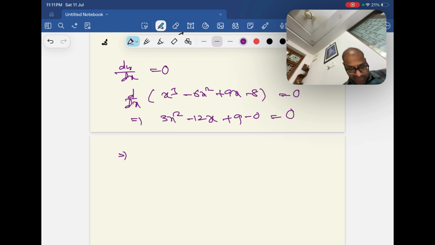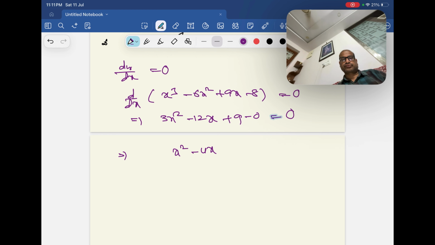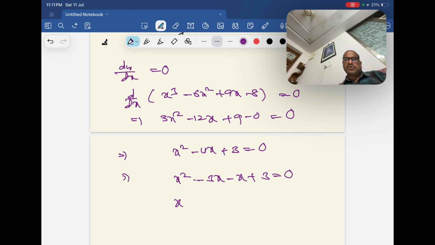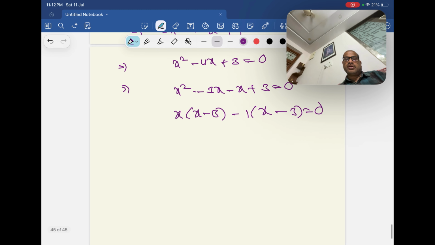So if we take 3 common, we have x square minus 4x plus 3 equal to 0. To factorize, you can write x square minus 3x minus x plus 3 equal to 0. Taking x common, x minus 3, and minus 1 common, x minus 3, equal to 0.